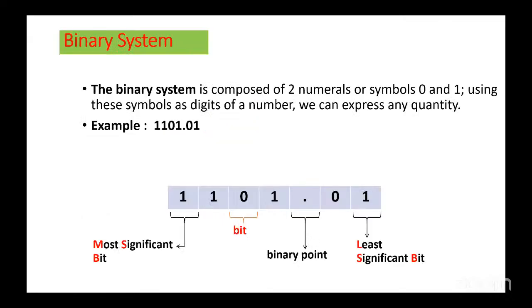Next is the binary system. The binary system is composed of two numerals, which are the symbols 0 and 1. By using these symbols as digits of a number, you may express 1101.01.